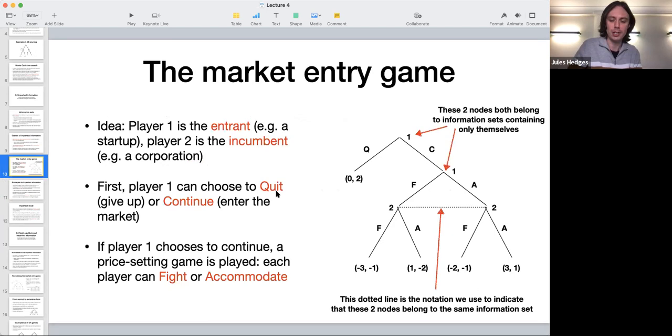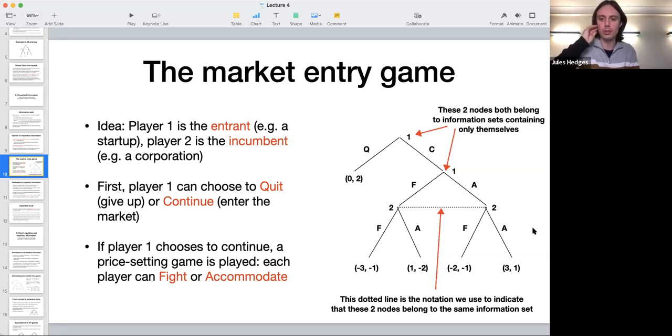So if I go back to this example, a strategy for player 1 is going to be what it usually is, because these nodes both have information sets of size 1. So it's going to be a choice to quit or continue and a choice to fight or accommodate. Now, if we were in a perfect information extensive form game, player 2 would have 4 strategies, namely fight-fight, fight-accommodate, accommodate-fight, or accommodate-accommodate.